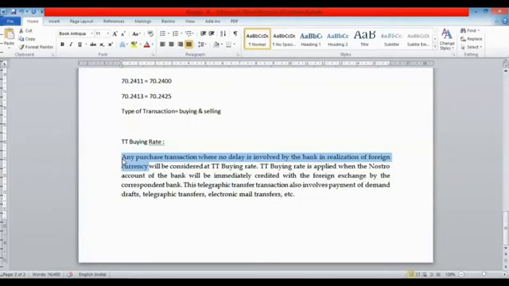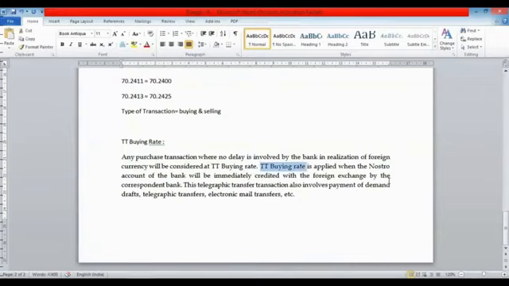So bank is buying, and no delay is involved by the bank in realization of foreign currency, which will be considered as TT buying. That means the customer approaches for selling, and bank is able to get the foreign currency immediately. The rate will be quoted by the bank and the customer will be able to get the home currency.